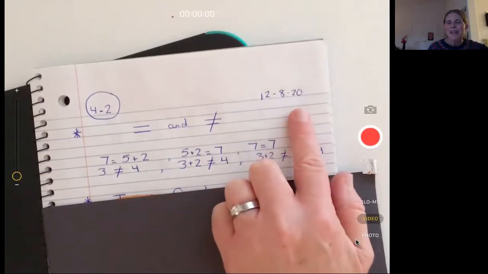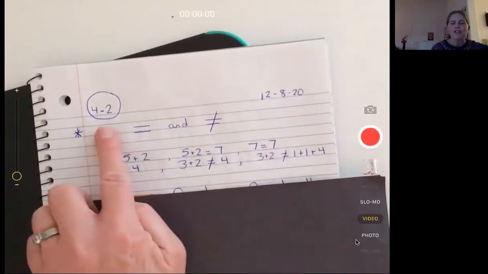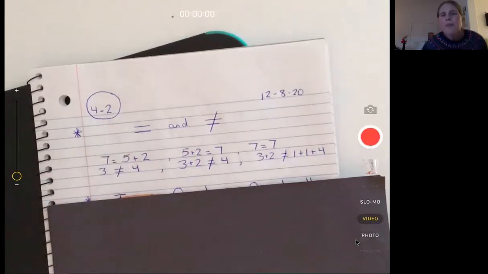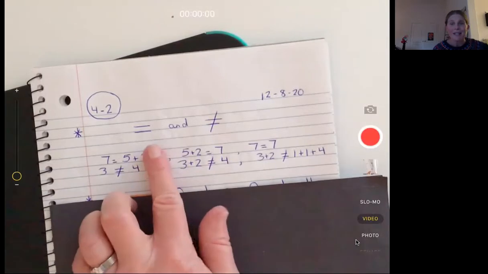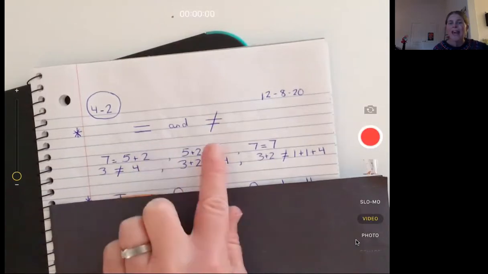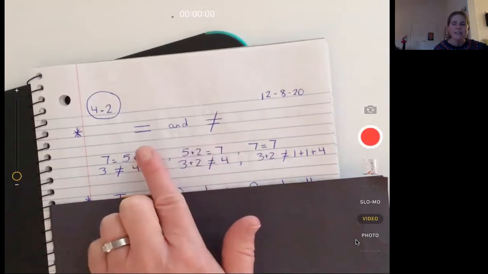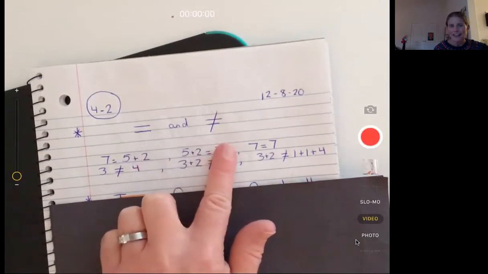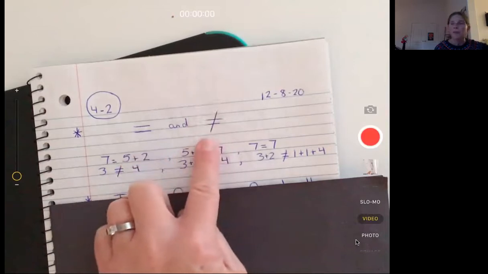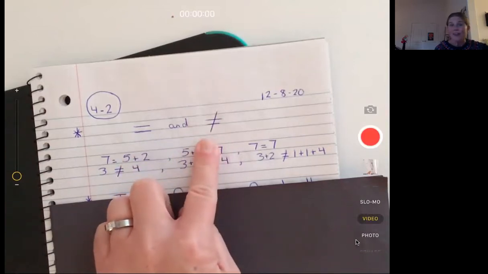12-8, it's Tuesday. This is 4-2. One of the things that we're going to talk about and practice today are simply the equals and not equals. So I want you to know, obviously, the difference of what they look like. A line drawn through something means not.